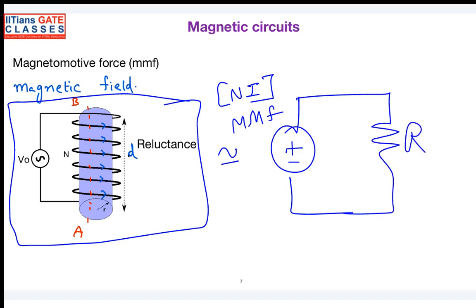In that reluctance, we already saw D is the length in which the flux is coupled. In this case, the flux is coupled from here to here. So D is the total mean length in which the flux is contained. Similarly, A is the circular area of cross section, the area in which the flux is passing.